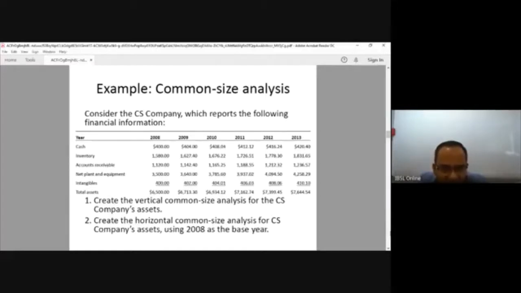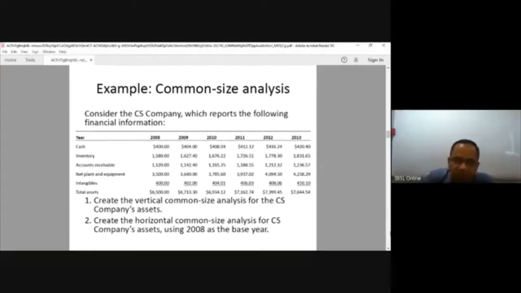Now this is only giving the breakdown of the total assets. The total assets consist of these things. So over a period of time that changes, right? So I'm just giving 2008 to 2013 how it is. So what do you understand by vertical and what do you understand by horizontal?